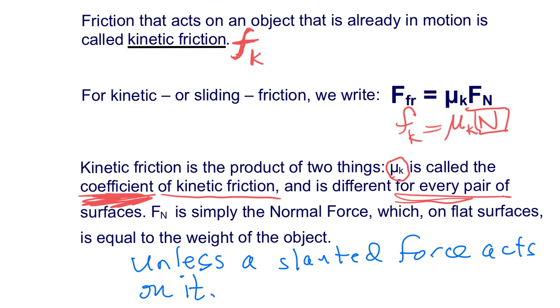Okay, so normal force, if it's a flat surface, is equal to the weight of the object. But if it's a slanted surface, that does not apply, as we'll see.